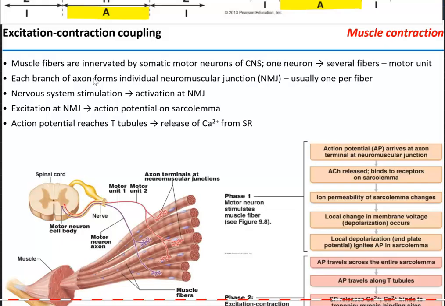And this happens during a process named excitation-contraction coupling. Coupling implies that one cannot happen without the other and vice versa. So if excitation is sufficient, there's going to be contraction. And contraction can't happen without excitation.